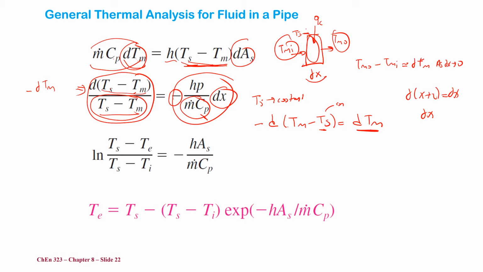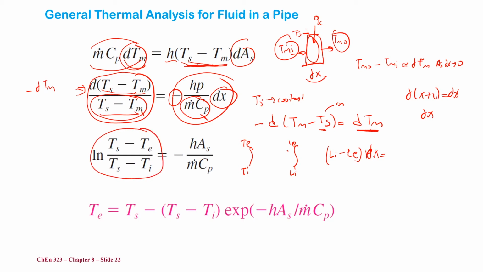And integrate it from inlet to exit. So Tm from inlet to exit, and this is going to be x from inlet to exit. If you multiply the length by the perimeter, or multiply by dx, it will give you the surface area.